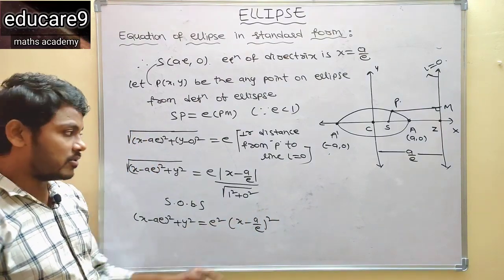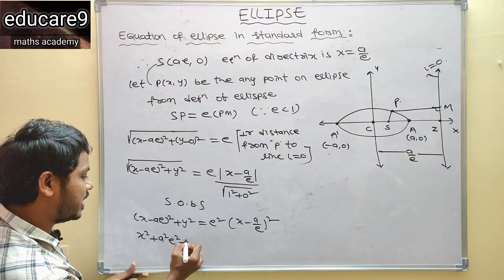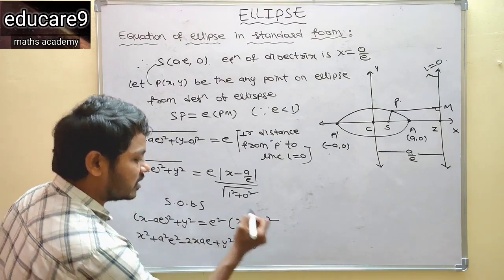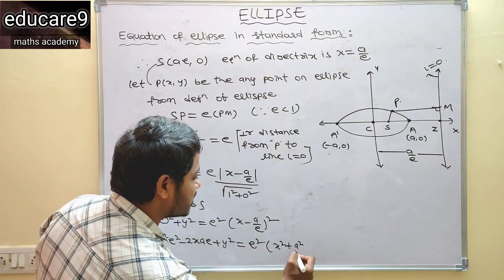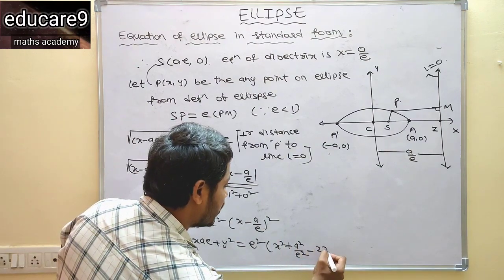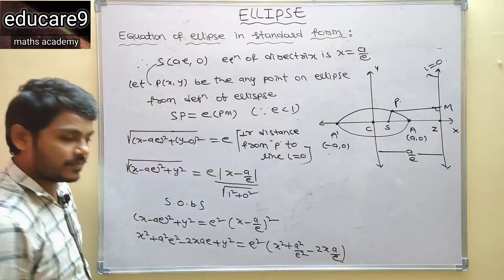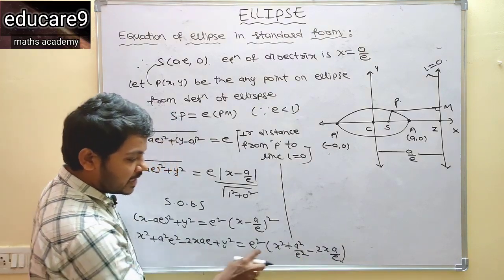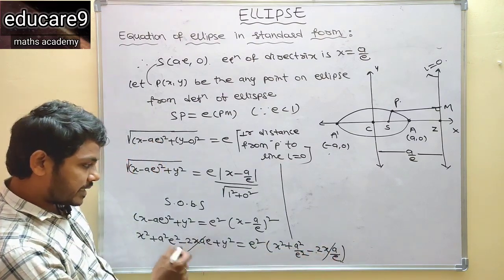Now simplify this. x square plus a square e square minus 2x ae plus y square is equal to e square into x square plus a square by e square, minus 2x a by e. Observe here, minus 2x ae, and minus 2x a by e into e square gives minus 2x ae. So this one and this one get cancelled.